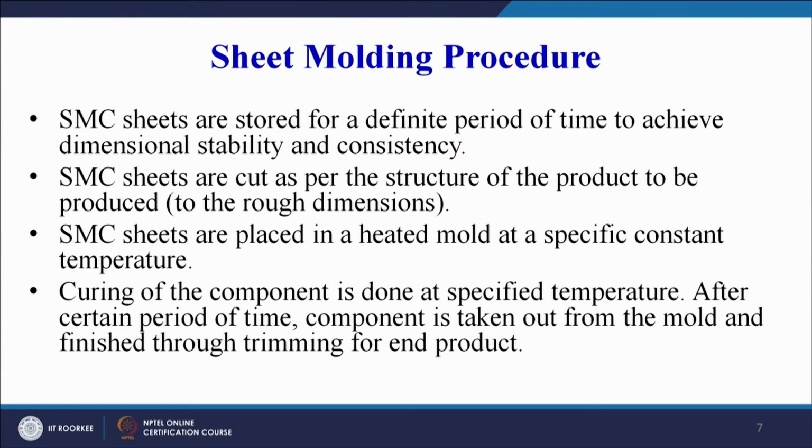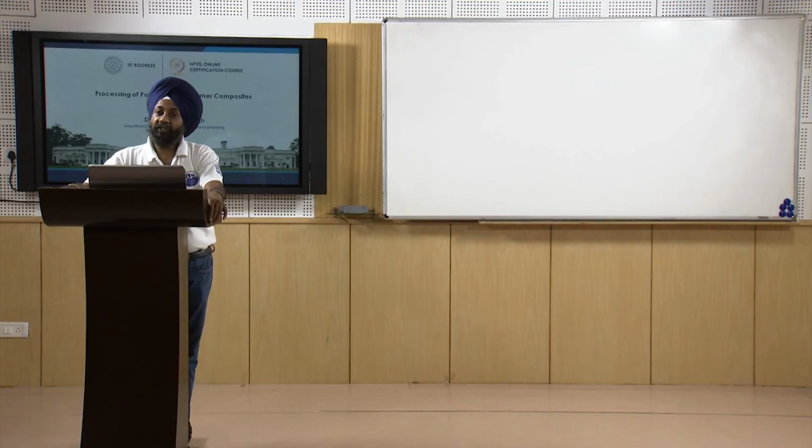So SMC sheets are cut as per the structure of the product to be produced. SMC sheets are placed in a heated mold at a specific constant temperature. Now why heated mold? Because we have to ensure the final curing of the resin system which has been incorporated into the short fibers.